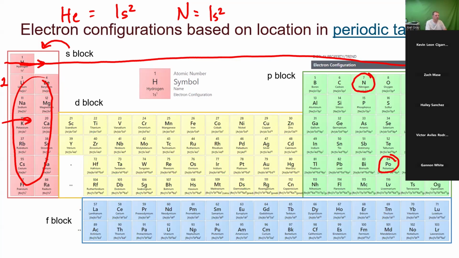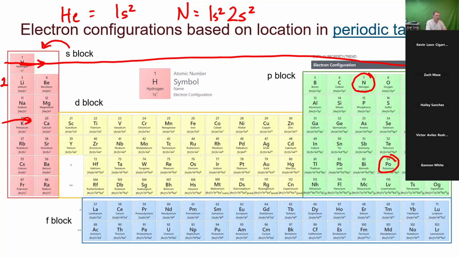Now, when it comes to nitrogen, we go 1s2, 2s2. So when we add these exponents, that's 4. So we've accounted for 4 electrons of the total that nitrogen has, which is 7.